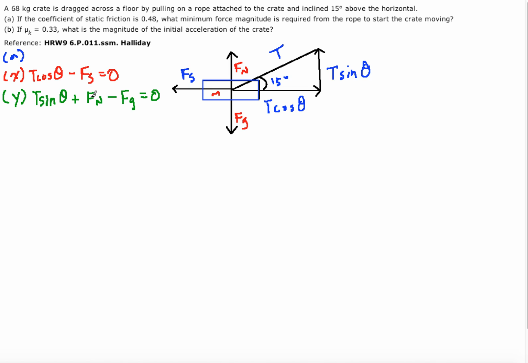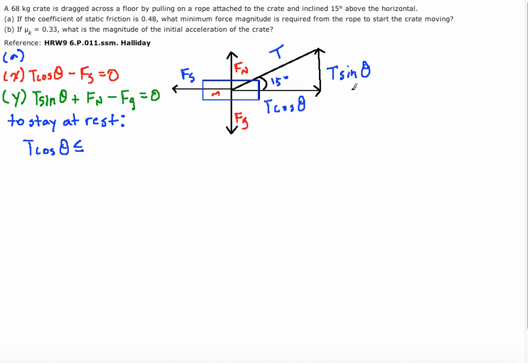Now we can simplify this a little further, and let's first think about what condition this system would need to stay at rest. Analyzing the x component in conjunction with the y component, to stay at rest the system needs T cosine theta to be less than, and now I'm substituting in the following.